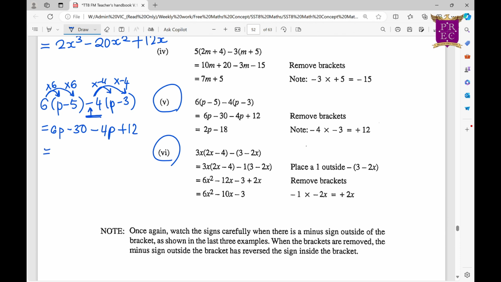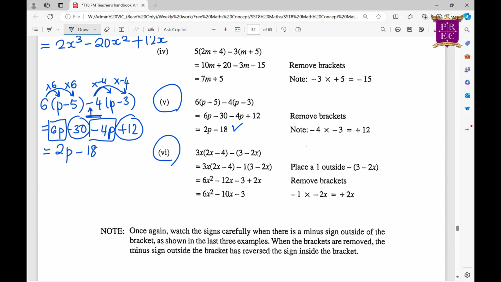And now we want to add and subtract all the like terms together. So 6p is a like term with negative 4p, and negative 30 is a like term with positive 12. So 6p minus 4p just gives us 2p, and negative 30 plus 12 gives us negative 18, like so.